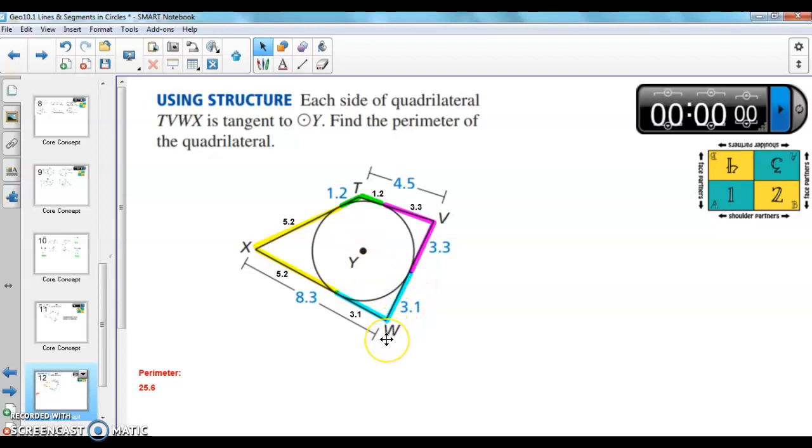For the tangents from point W, 3.1 will be equivalent to this part, which forces the yellow part to be 5.2 when you subtract these from each other. And these two yellow matching parts will have the same measurement. So if you add all the measurements for the different parts of the quadrilateral, you would get 25.6.